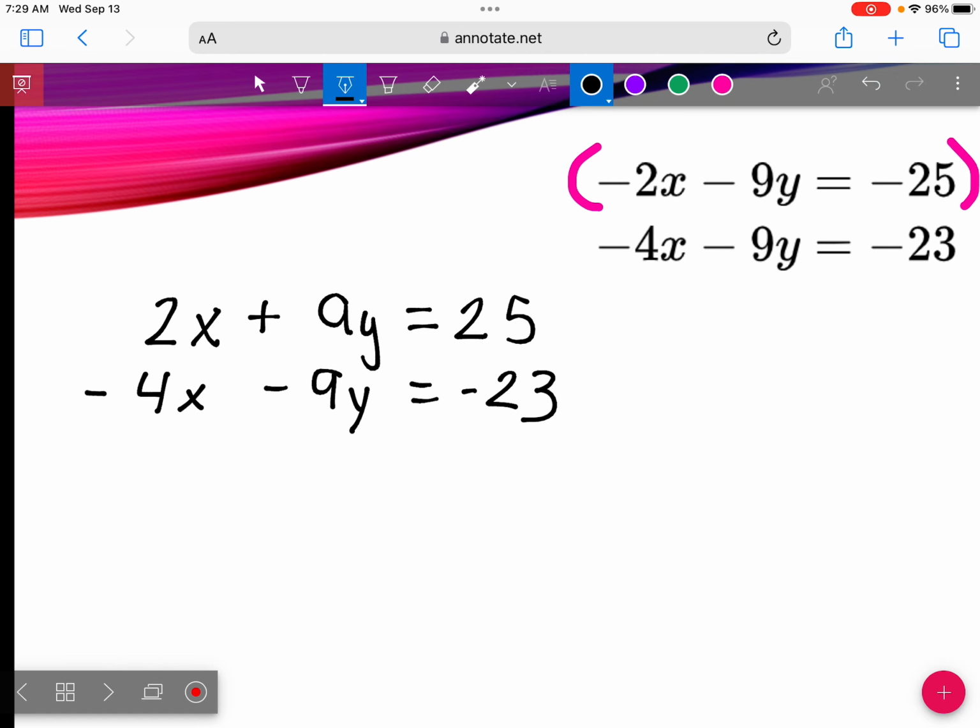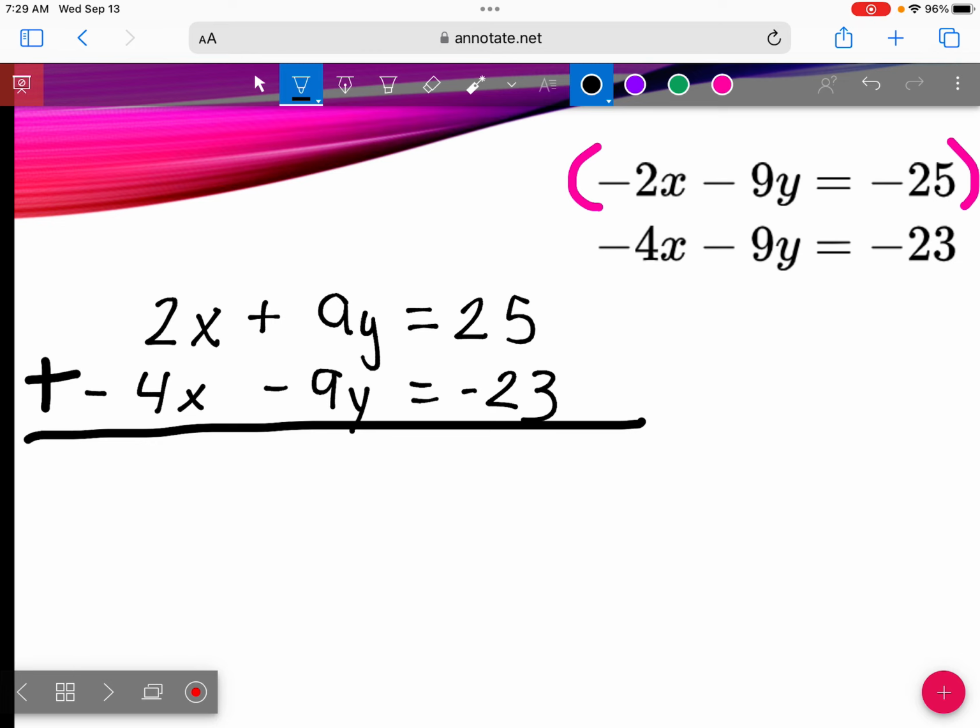We want the same number, opposite sign. So I can come down here and add them together and have something cancel out. That's the whole goal. Elimination, the goal is for something to cancel out. So we're going to add in columns: 2x plus negative 4x gives us minus 2x. 9y plus negative 9y gives us 0y.